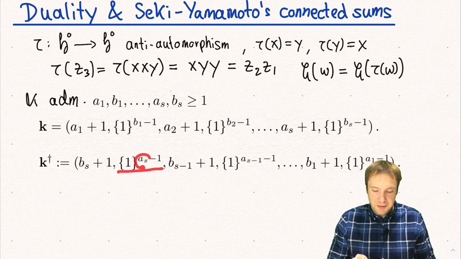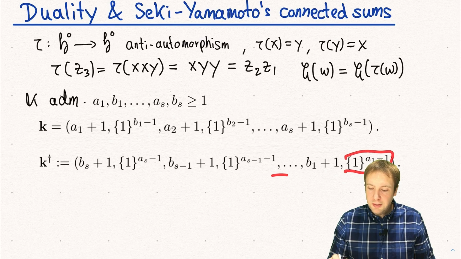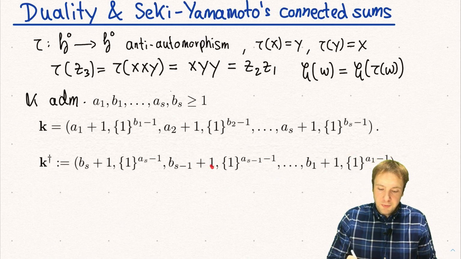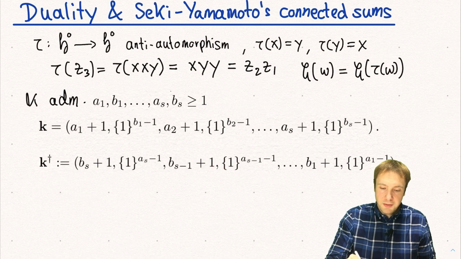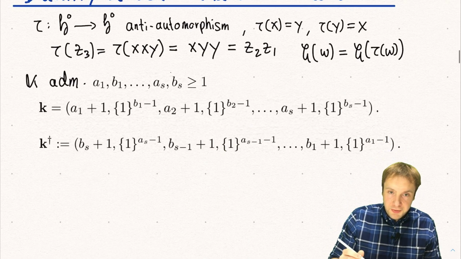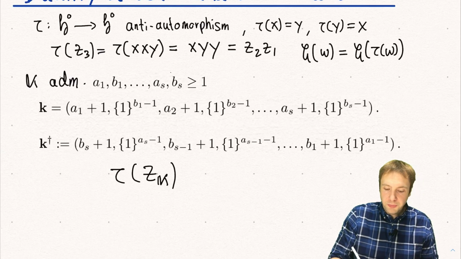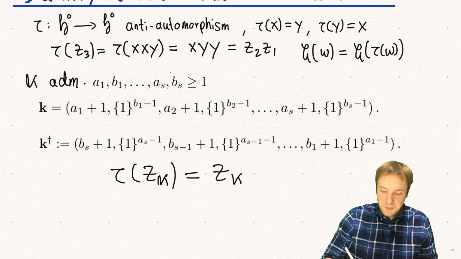Then I take the as, number of 1s, and so on, and I end with a1 minus 1 ones. And the claim is that tau of the word attached to this index is exactly the word attached to this k dagger.